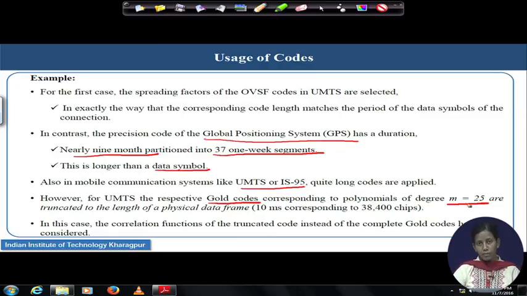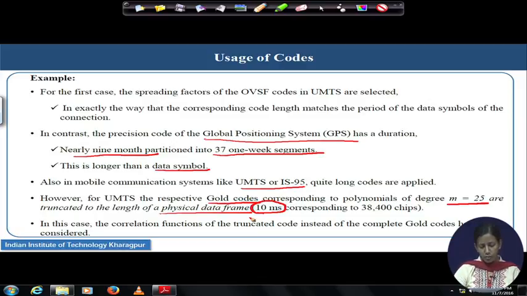Sometimes we generate a code of very long length, and then finally we can truncate it physically to form it in a usable format. In UMTS, such a gold code is truncated to the length of the physical data frame, approximately 10 milliseconds, and that is utilized in practice.